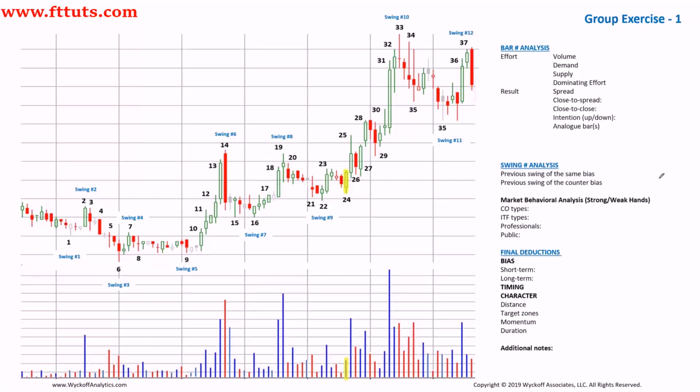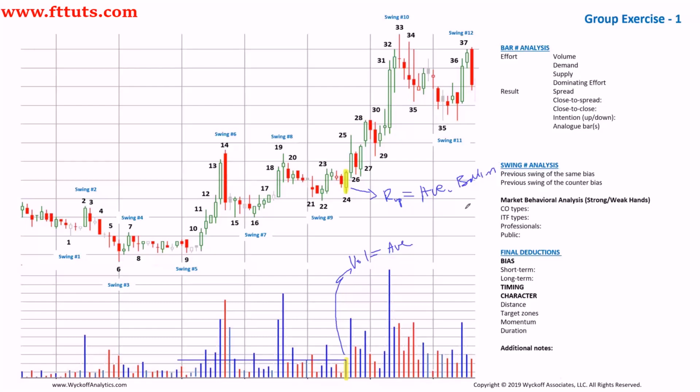Compared to the volume on previous bars, it's almost half, so it has a much easier movement to the upside. So the volume signature is somewhat average. Okay, and then on this average volume signature, what kind of result do we get? Well, we also get an average bullish result.